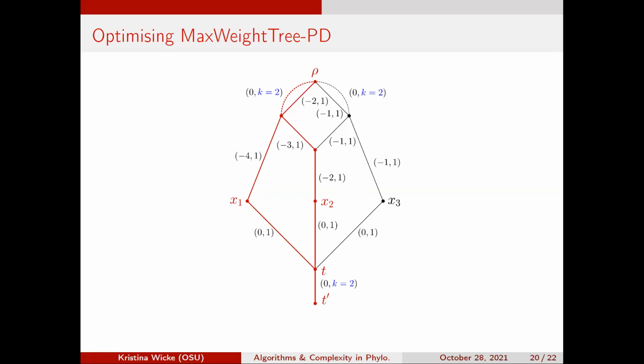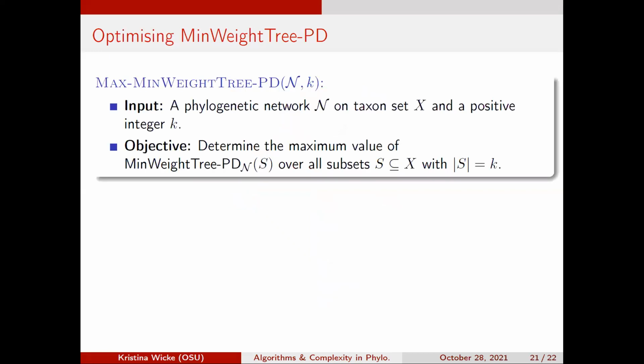Okay, so what about the last measure, min weight tree PD, where the problem is now max min weight tree PD, where we're trying to determine the maximum value of the minimum weight tree PD. And it turns out that this problem is again NP hard.